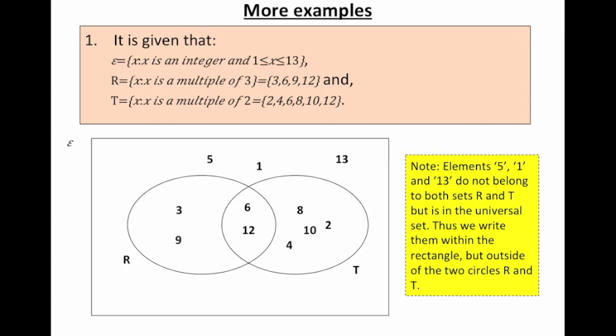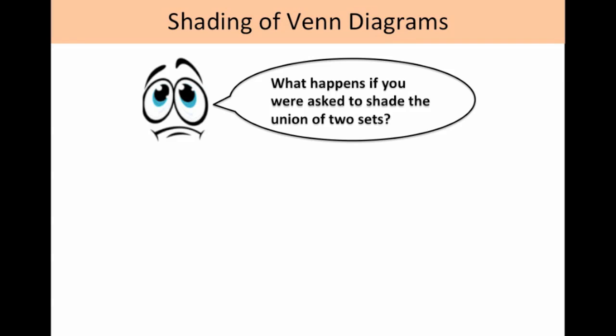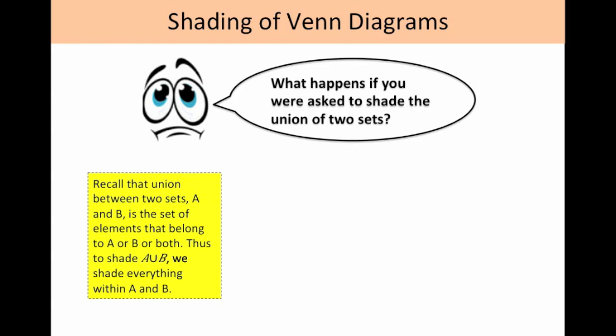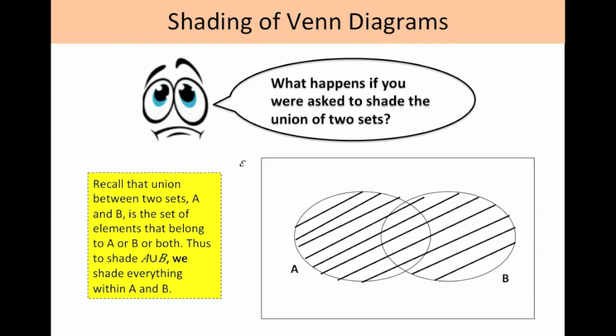After discussing how to draw a Venn diagram, we will learn how to shade a Venn diagram. First, let us take a look at how we are going to shade the union between two sets. Recall that A union B is the set of elements that belong to A or B or both. Thus, to shade A union B, we shade everything that is within A and B. In this case, we shade everything that is within set A and set B as shown.